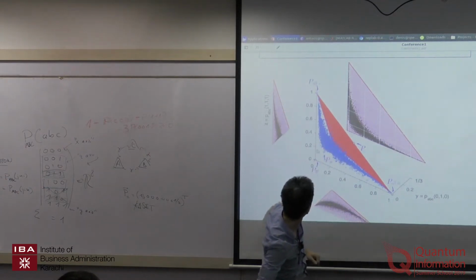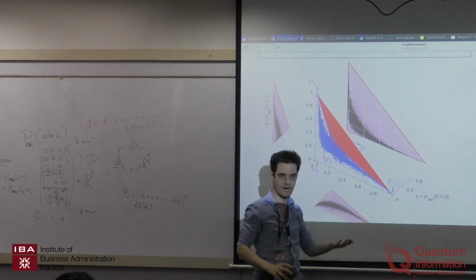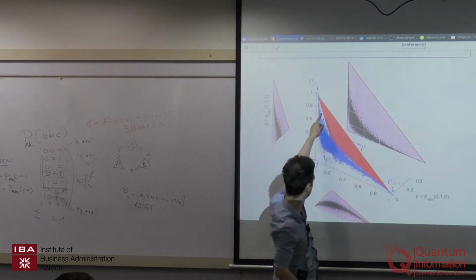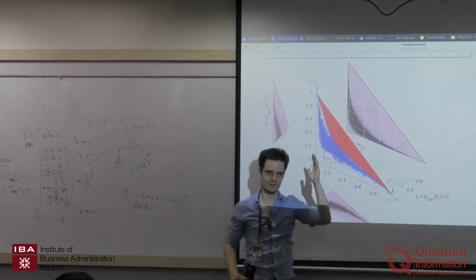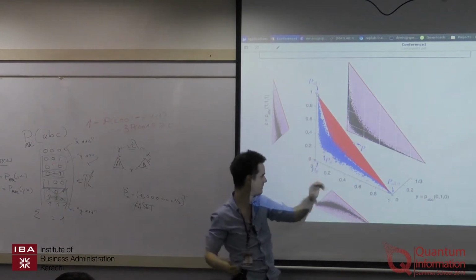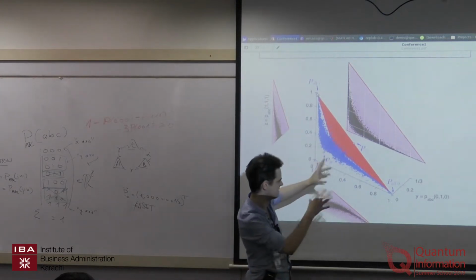The point over there on top is the point where they always output 1. If I'm in the middle, it is the point where the probability of having 0,0,0 is 1/2, and the probability of having 1,1,1 is 1/2. So this is like 0.5, and this would be like 0.5. It's kind of a 3D plot.